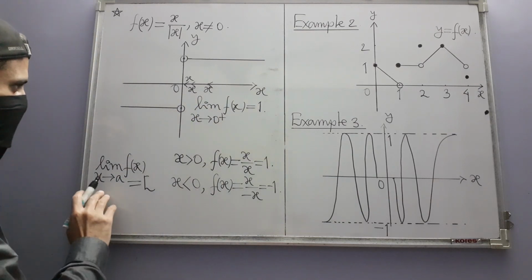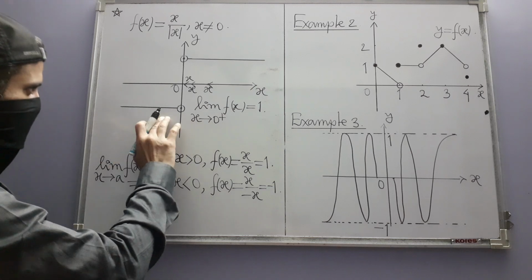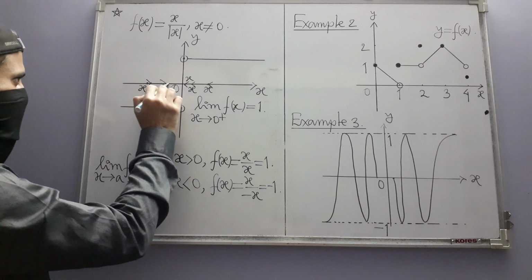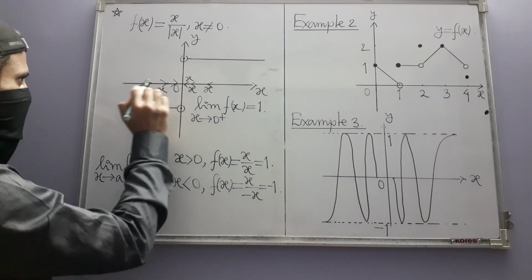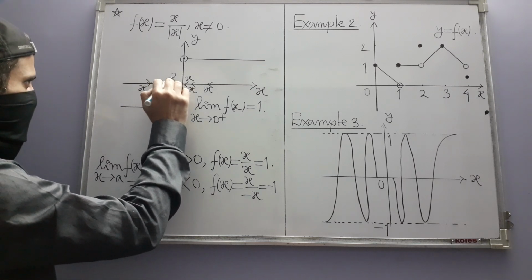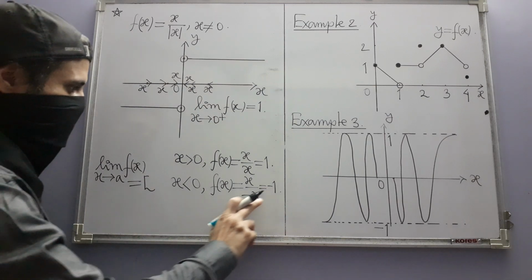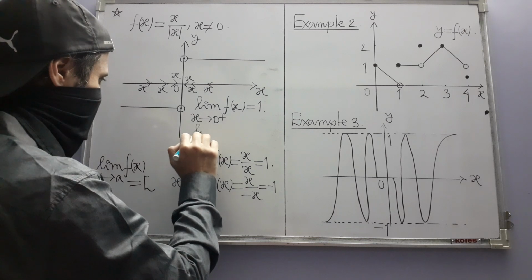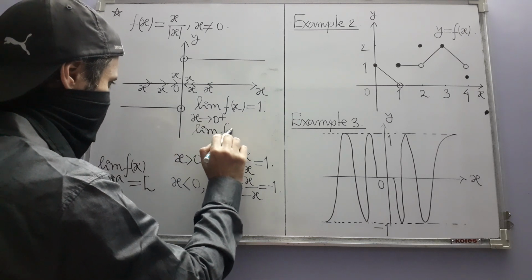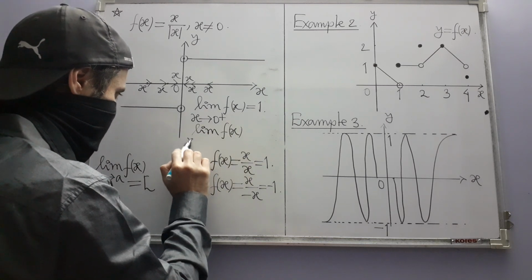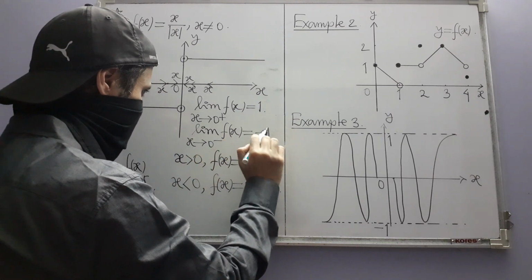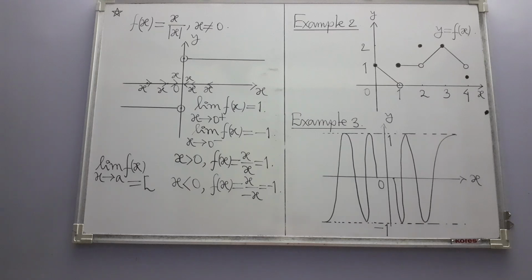Similarly, if you are considering these x values and make them closer and closer to 0, then the values stay constantly -1. So the left hand limit of that same function at 0 is -1.